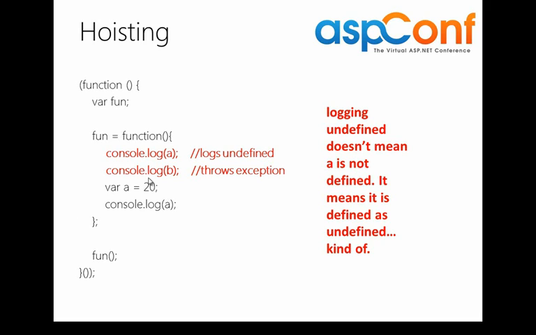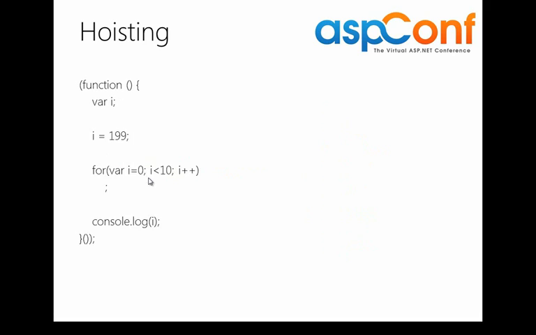So that is essentially the same as saying var a on the first line, doing console.log, and then doing a equals 20. Right. Since we don't have a var b anywhere, b is actually not defined, and that's why it throws an exception rather than logging undefined. So that's fun. Right. More on hoisting.